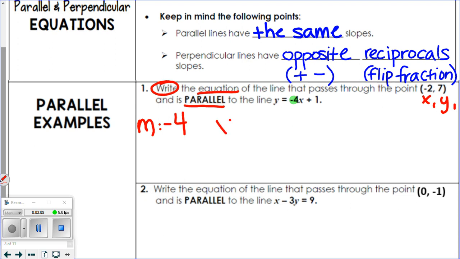So y minus y1. y1 in this case happens to be 7, equals m, my slope, which is -4, times x minus my x1, which is a -2. But we know that two negatives make a positive. So change it to x plus 2. Now I could convert this to slope-intercept form, but I'm going to let you leave your answer like this, in point-slope form.